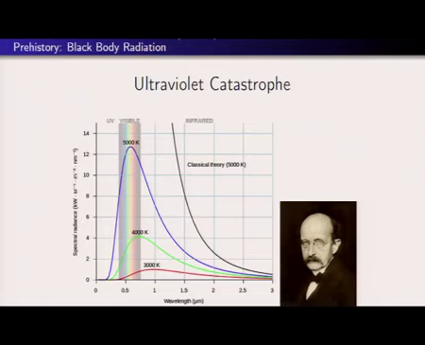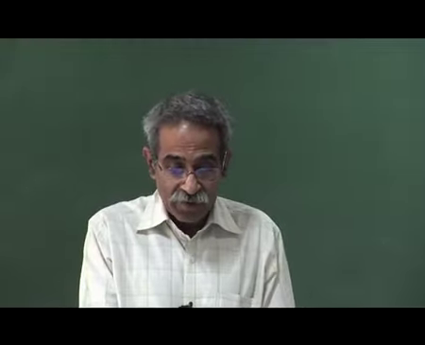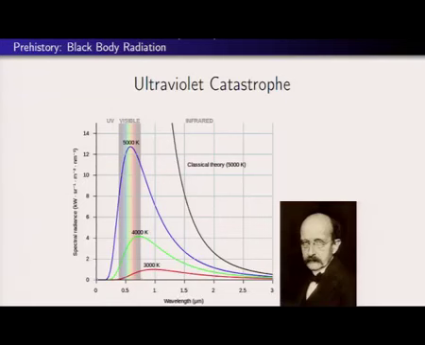If you go to very large wavelength, in micrometers, something like 3 micrometers, or correspondingly very small frequency, this curve agrees with the experimental number, which is the blue curve. But as you keep decreasing the wavelength, that is, increasing the frequency, the classical theory keeps going higher and higher, whereas the experimental number comes here, reaches a peak and starts going down.